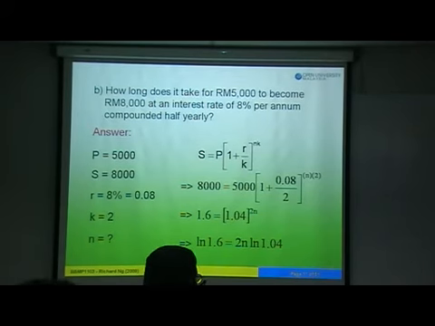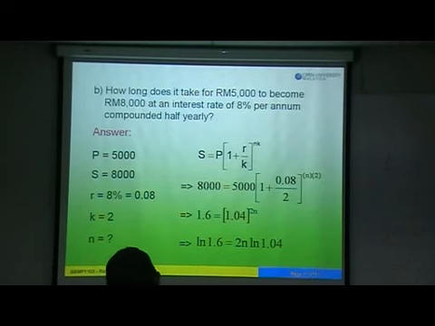Remember the log formula, the power we can bring down. So you get 2n log 1.04. So you write like that first. Actually, I simplified one step. By right, I put log, then after that I take out the 2n. I just simplified one step.